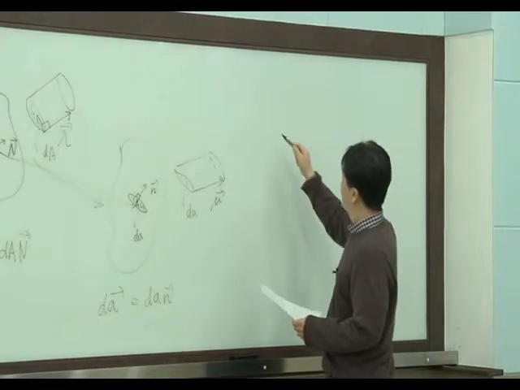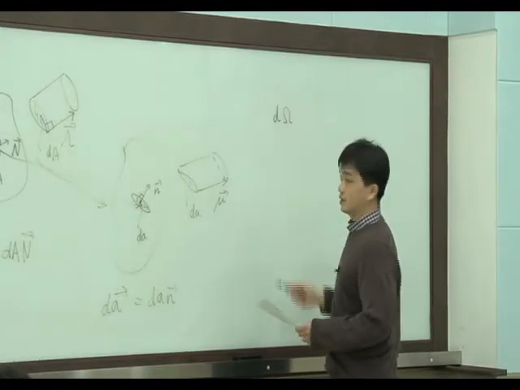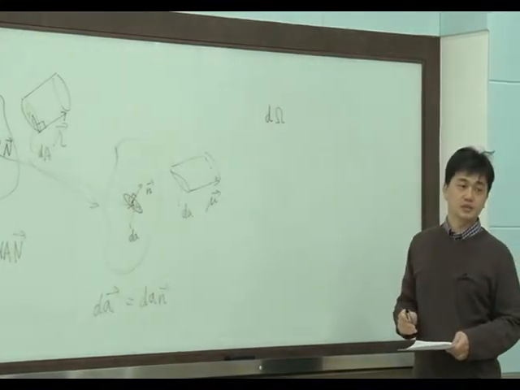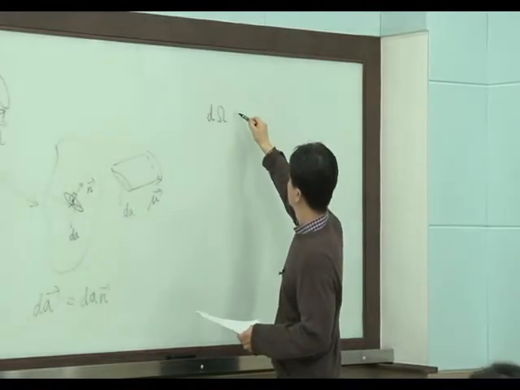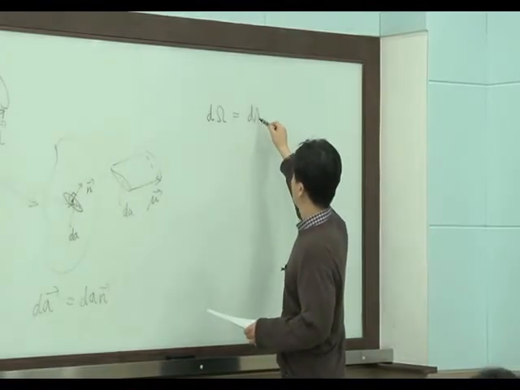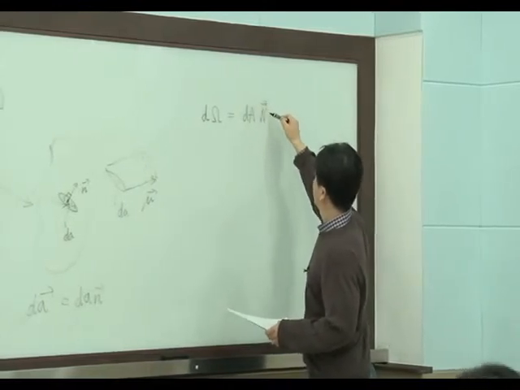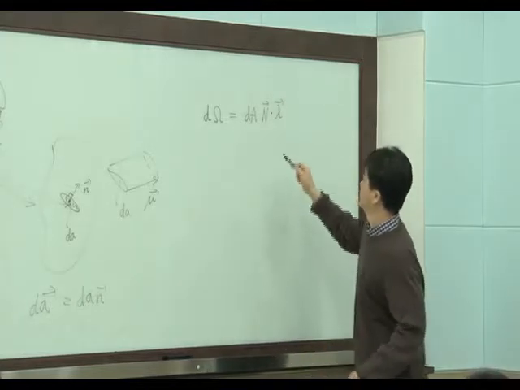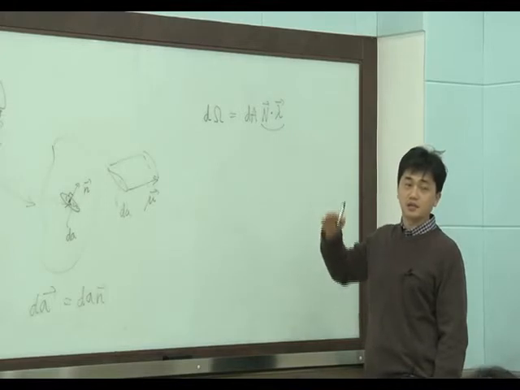So in the initial configuration, the volume of that cylinder is dA dot product lambda. This will give us the height of the cylinder, right?